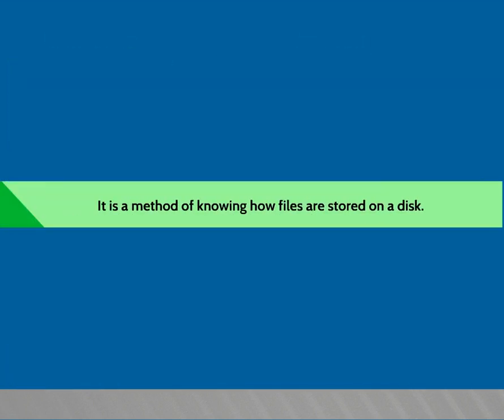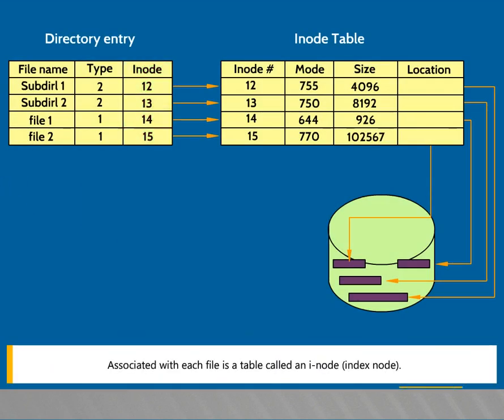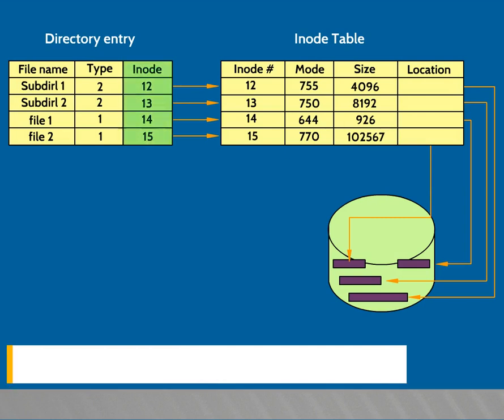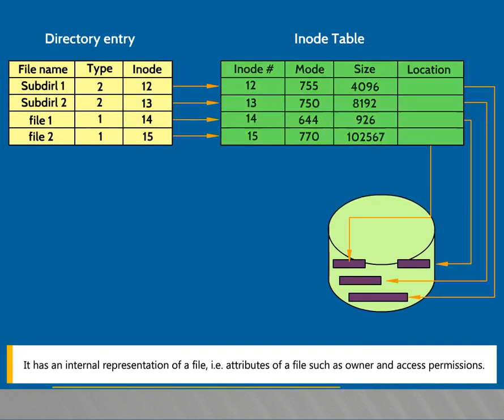It is a method of knowing how files are stored on a disk. Associated with each file is a table called an inode, that is index node. It has an internal representation of a file, that is attributes of a file such as owner and access permissions.